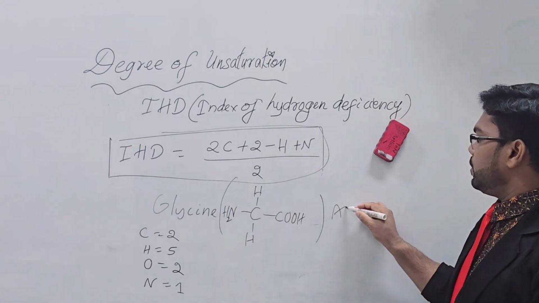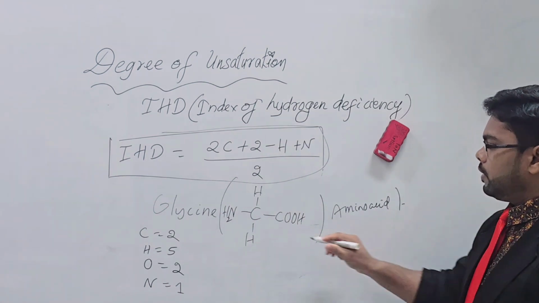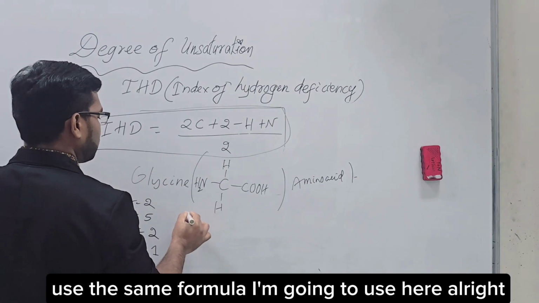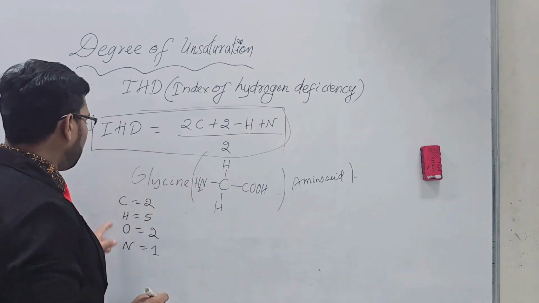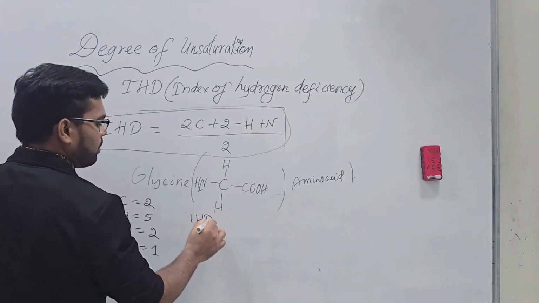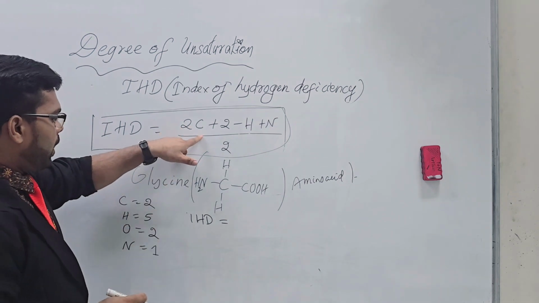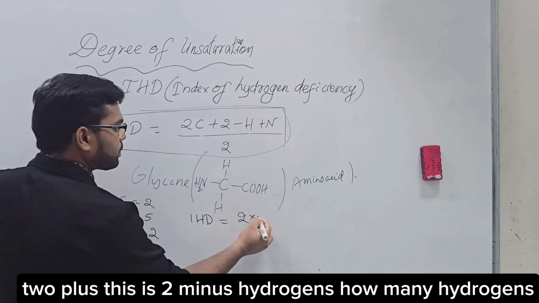So let us find the degree of unsaturation in glycine. This is called an amino acid also. This is known as amino acids. So I am going to use the same formula here. Alright. So I got all the values here. IHD I am going to calculate. This is the formula. 2 carbons, right? So write 2 times the carbon number, how many? 2.